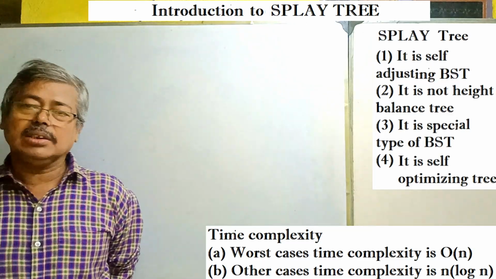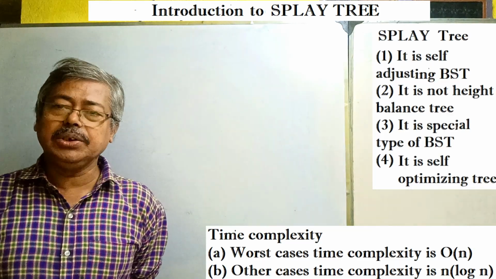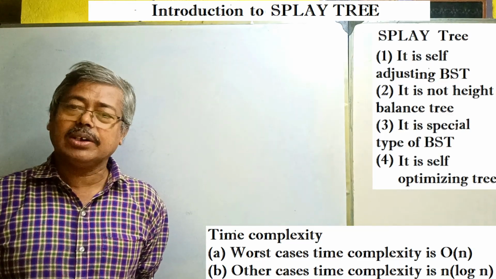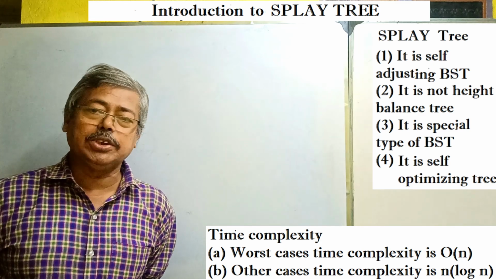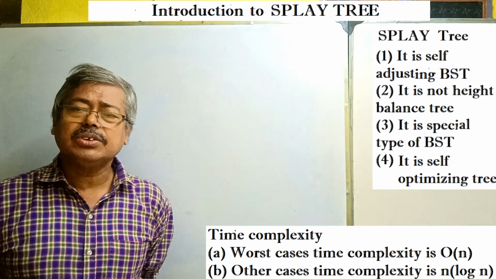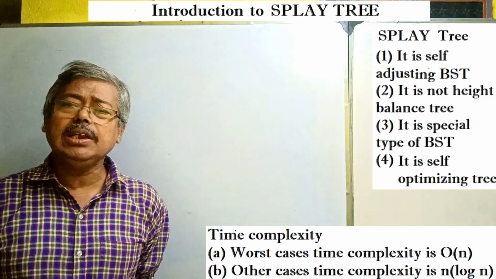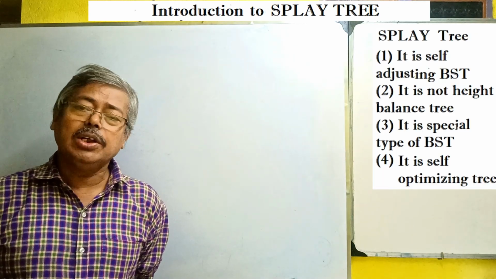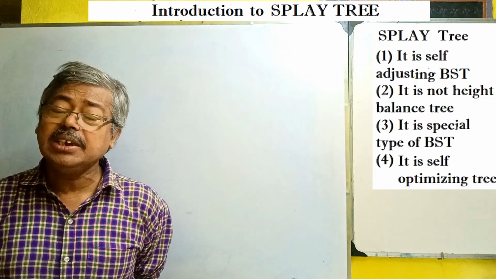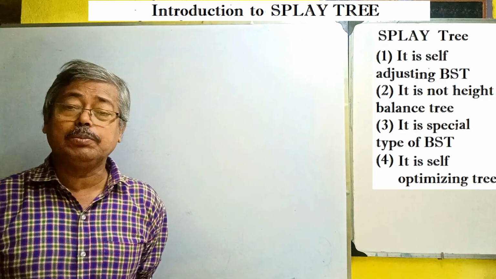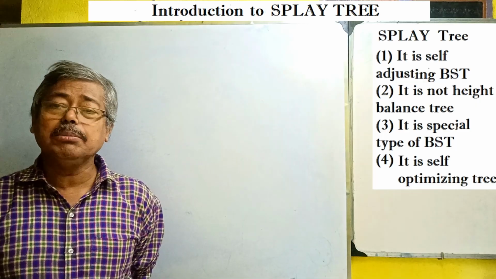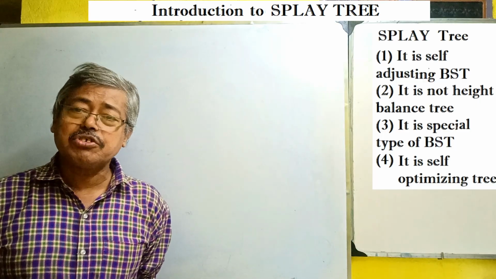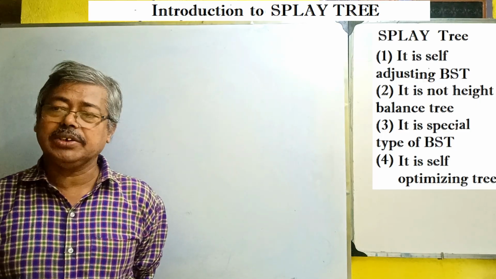By rotation, the node we are searching for, the target key, will be placed at the root position of the tree. The splay tree wants to minimize the searching time, so it arranges the searched node at the root position. This is the only motto, the only policy, the only procedure of the splay tree.